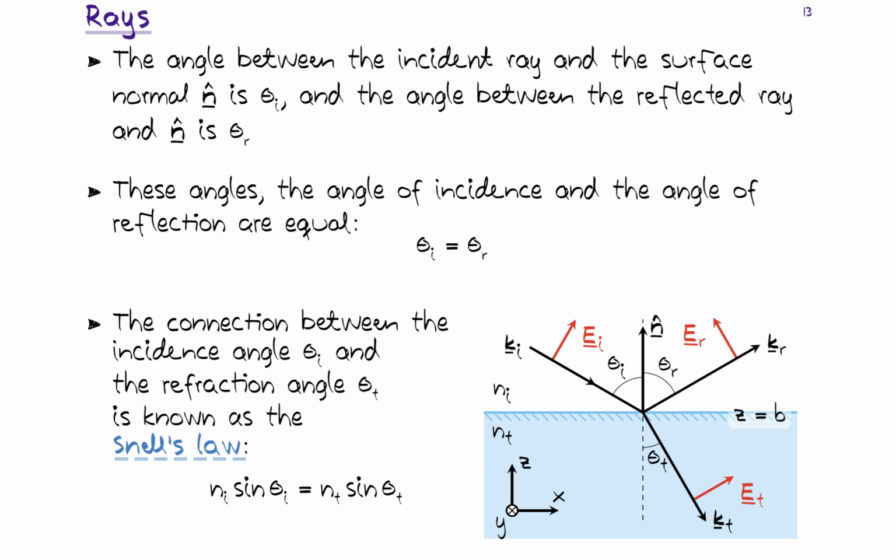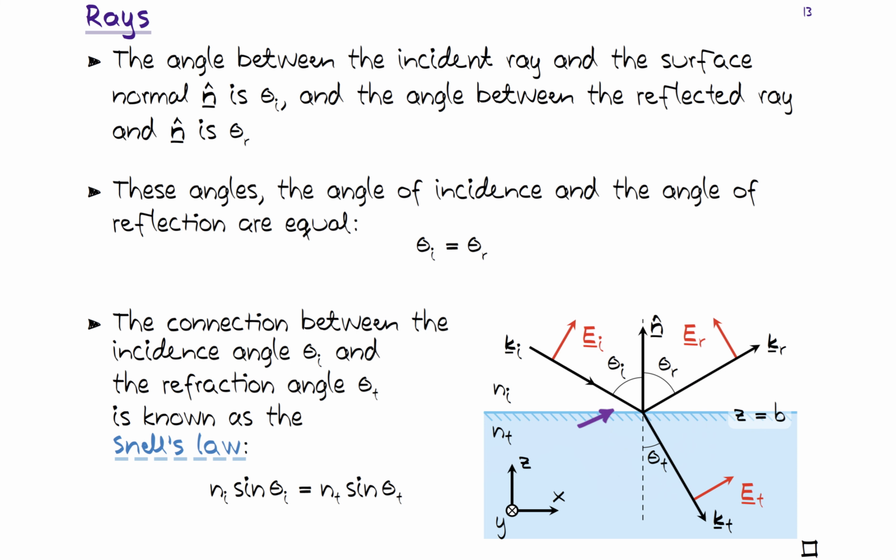So this is Snell's law, and I will end my lecture here. If you do not know what Snell's law is, now you know, and you should really memorize this, because this is in essence all that we need to understand what happens at interfaces.